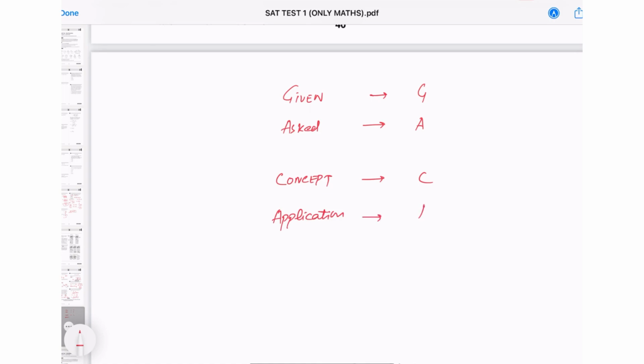So this algorithm tells us, it is GACA. This tells us how we should attempt any question in mathematics. We will simply note down what is given and what is asked, because many students make mistakes in this part also. What is given, what is asked, and then go to the concept. If you know the concept, then apply that concept.